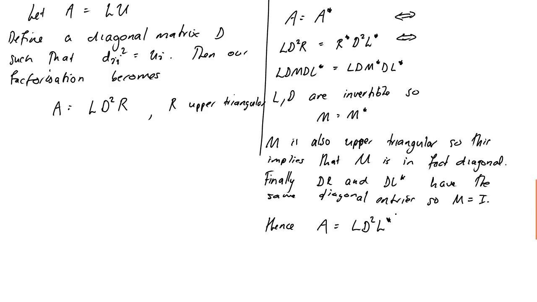Okay, and that is pretty close to being the Cholesky factorization of a matrix A. So let's just define this a bit more formally now. So, Cholesky factorization.